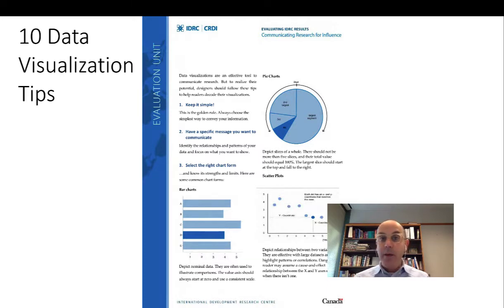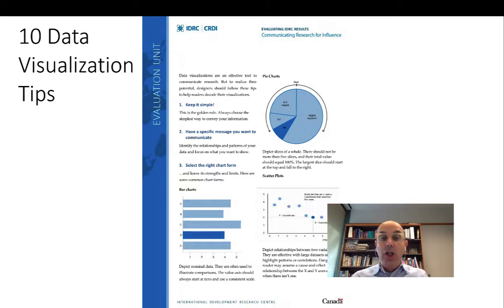So one of the principles they say, keep it simple, as rule number 1. Rule number 2, have a specific message you want to communicate. Example, deviation, we want to compare one versus the other, the actual budget with the proposed budget. Those are specific messages that you want to select.